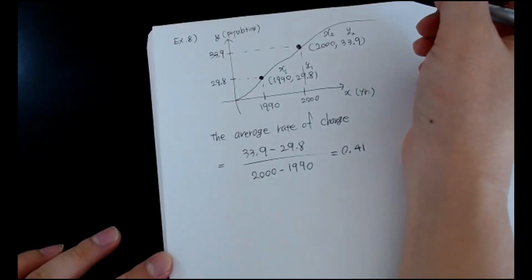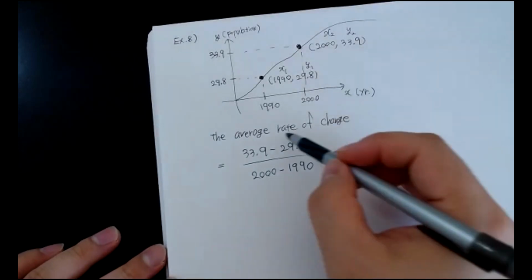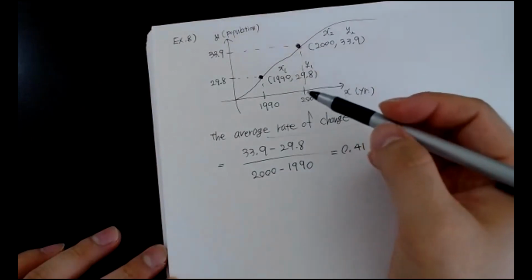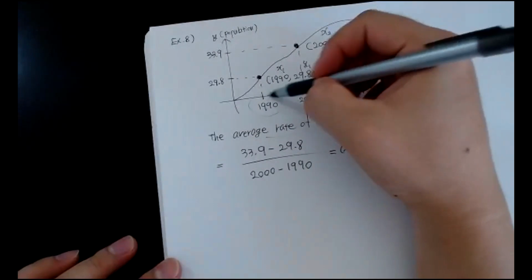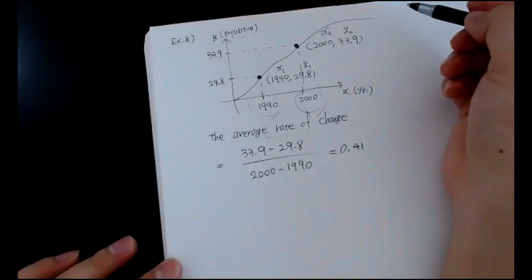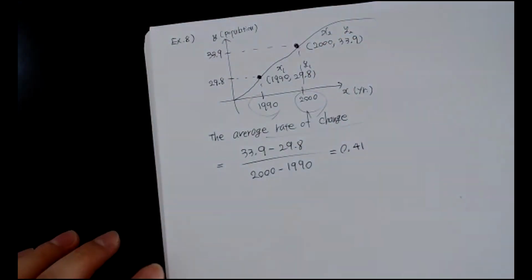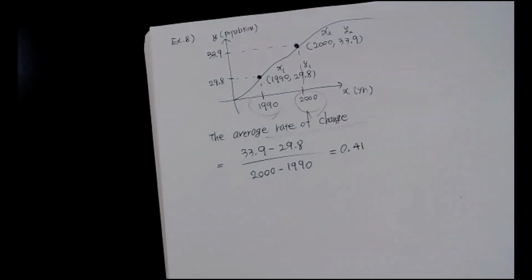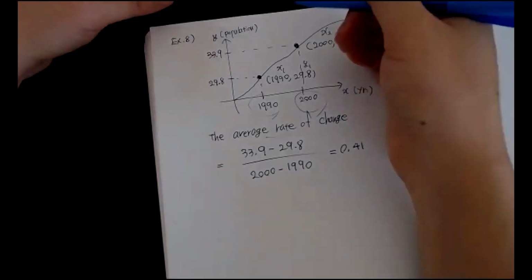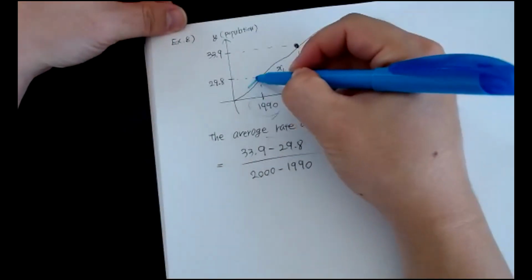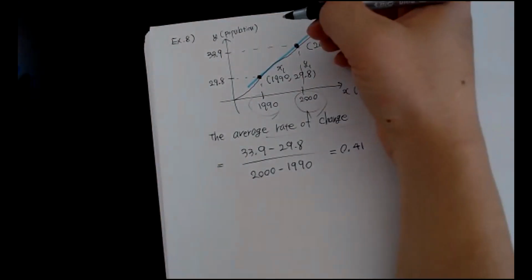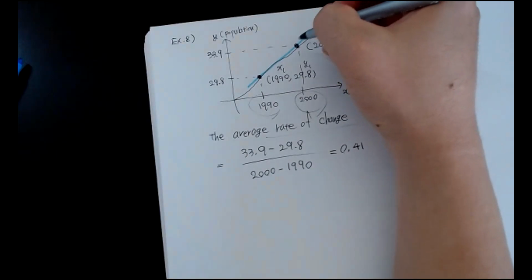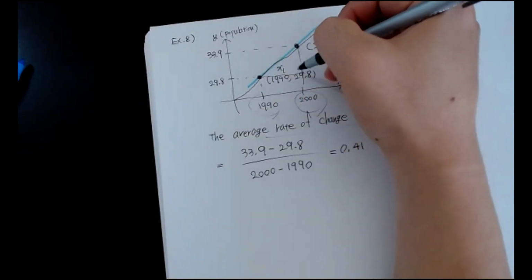So this average rate of change literally just represents the average slope between 1990 and 2000. What we got is actually we drew a straight line passing through two points, and then we just got the slope of this line, which is change in y over change in x.